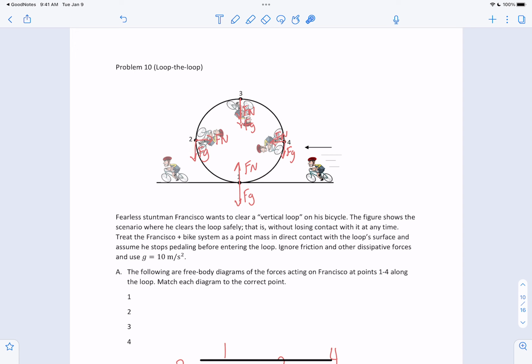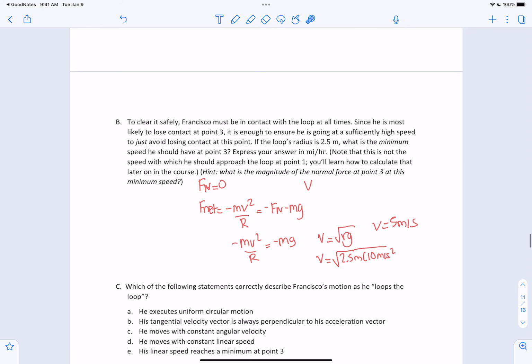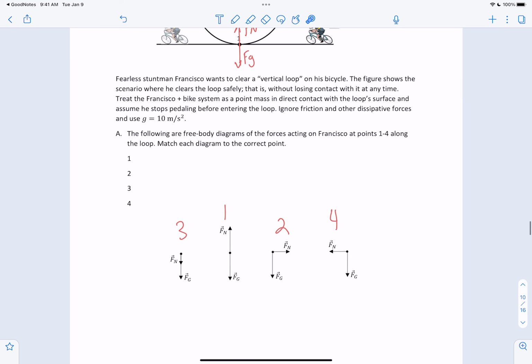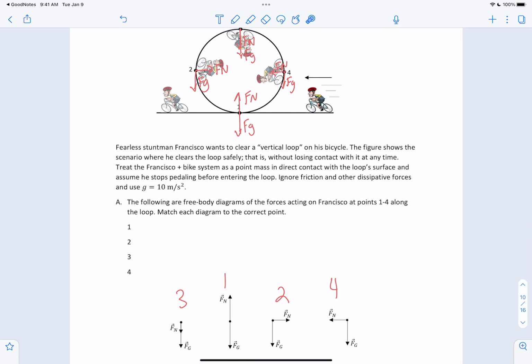So if he's entering that loop with a certain speed, as they said in the problem, and he stops pedaling, well, stopping the pedaling is going to result in a decrease in speed over a time interval, right?